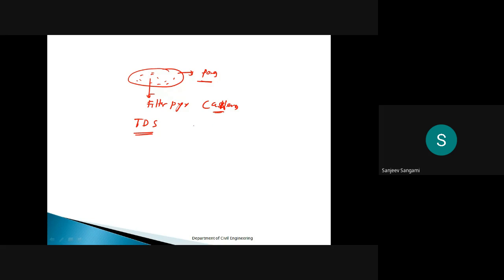Even if you burn that filter paper, you won't get any ash, so that is the ashless filter paper you have to consider. And those solids which transfer through the filter paper are nothing but total dissolved solids. Then you have filtered the 100 ml.